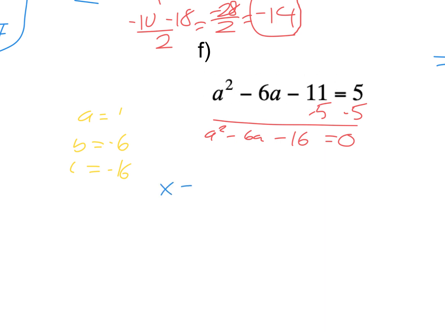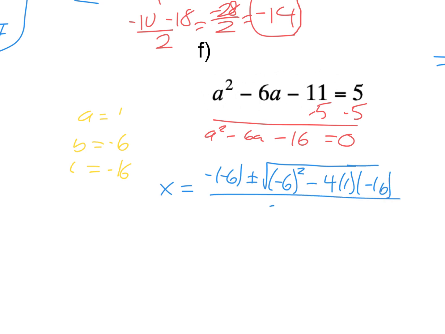So using our quadratic formula, we would have negative b plus or minus the square root of b squared minus 4 times a times c, all divided by 2 times a.